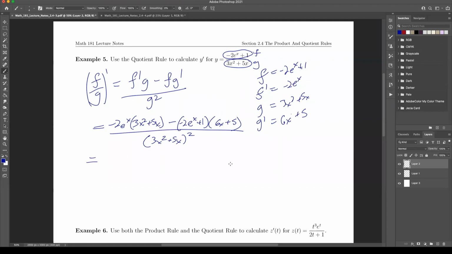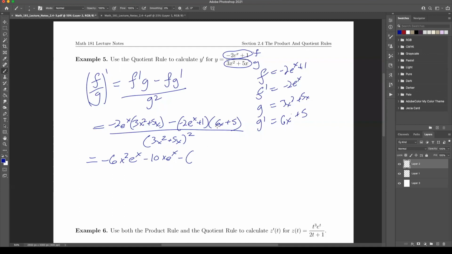Okay, and let's just simplify the top a little bit. Notice everywhere I'm going to have an e to the x. Nope, not everywhere, so let's not do that. Let's just distribute this in. So this would be minus 6x squared e to the x, plus minus 10x e to the x. Let me just keep the second part together as one.